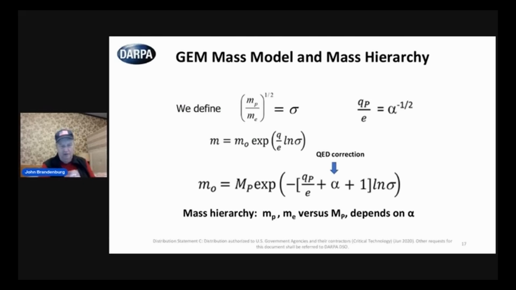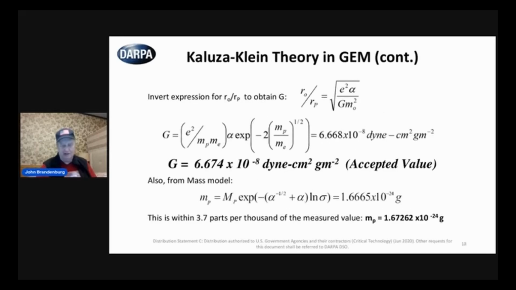You can invert these formulas and get formulas for the proton mass out of the vacuum, leading to hydrogen, and then also the strength of the gravity constant. Next. I'm just very quickly summarizing this. The resulting formula for the gravitation constant is the most accurate formula known from a physical derivation.